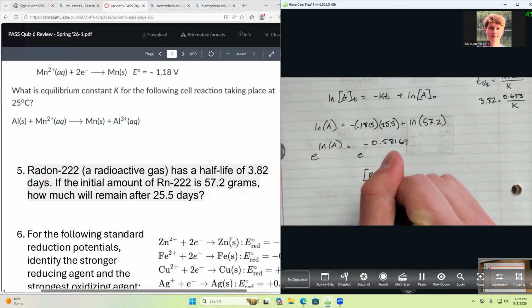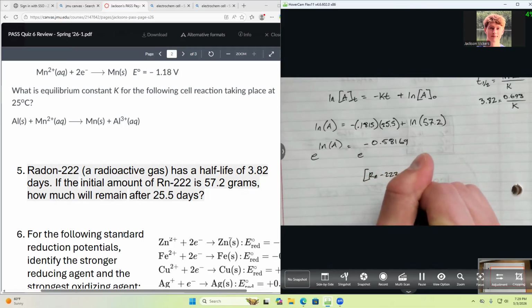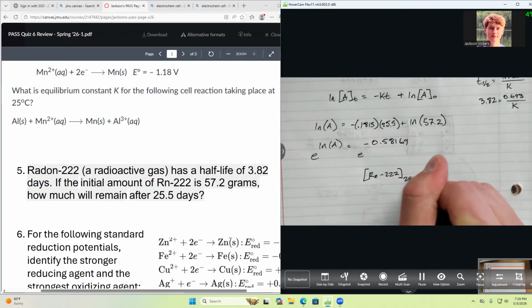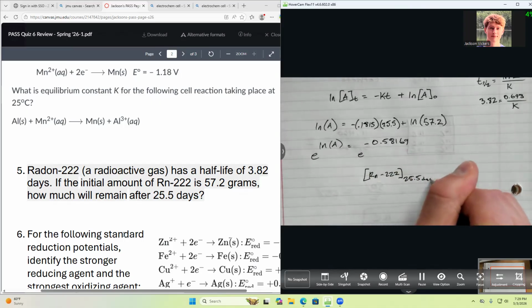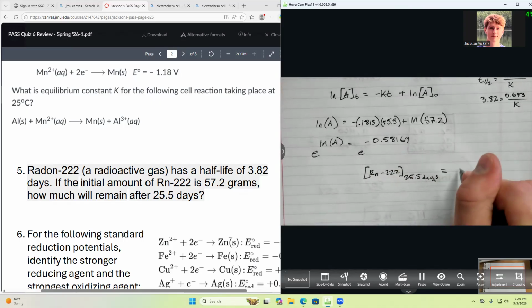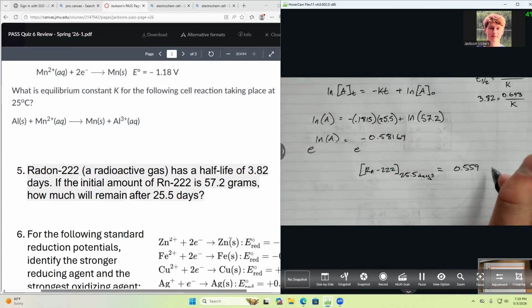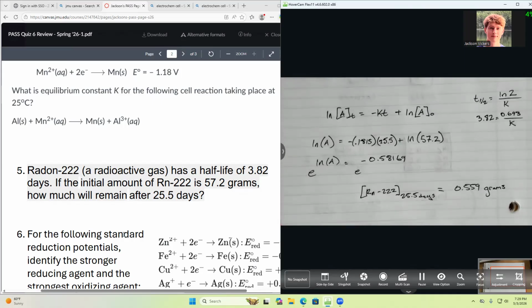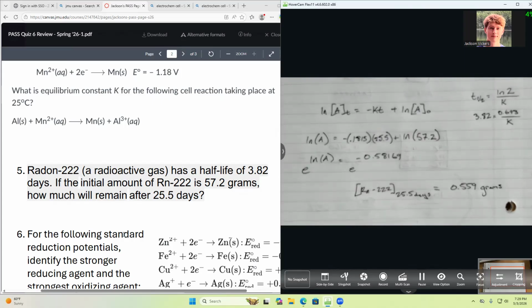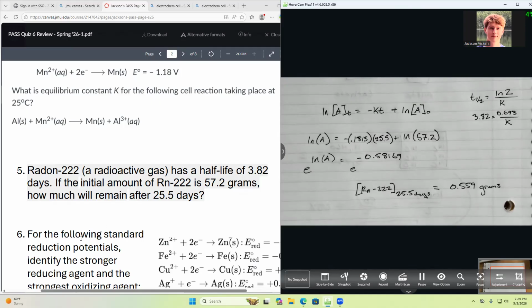Concentration of radon 222 after these 25.5 days is 0.559 grams. Cool. Do we feel okay with that one? Hopefully some good review of integrated rate laws as well.